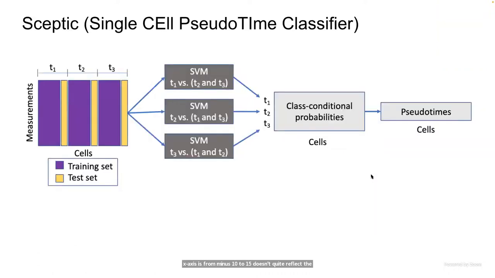So based on that, we propose a new framework called SCPC, Single Cell Pseudotime Classifier, which basically adopts a multi-class support vector machine model to first infer the class conditional probabilities for each cell, and then infer pseudotime by taking the conditional expectation.